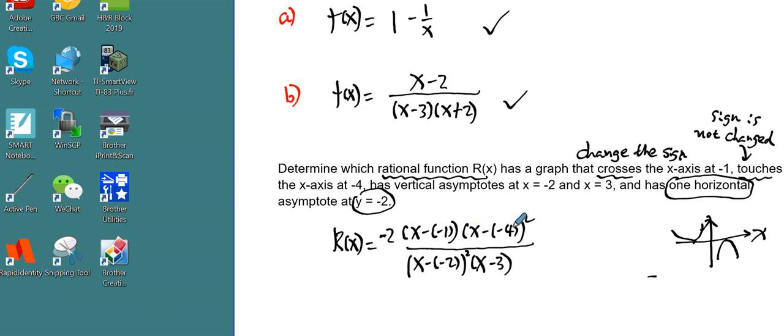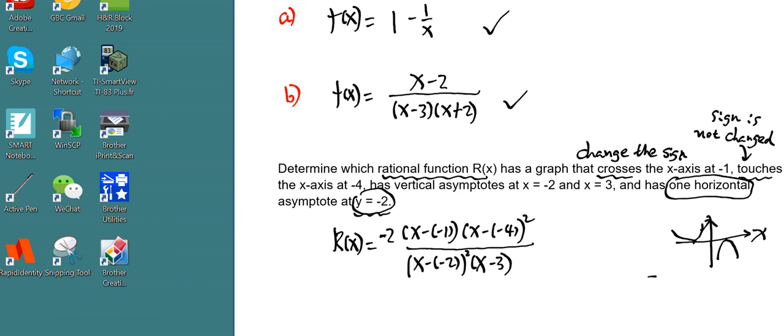When you do the multiplication, this one with this one, the leading coefficient is still 1, but the horizontal asymptote is -2, so you need to change the leading coefficient to -2. Okay, and then downstairs the leading coefficient will be 1. -2 over 1 is still -2.